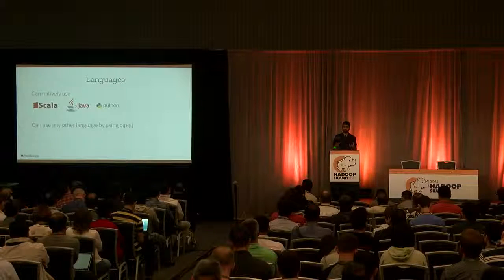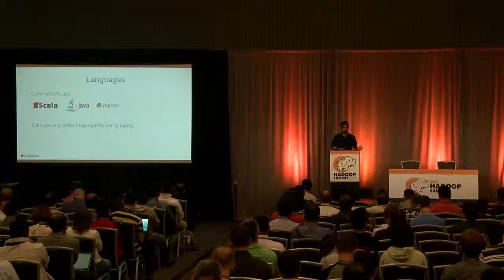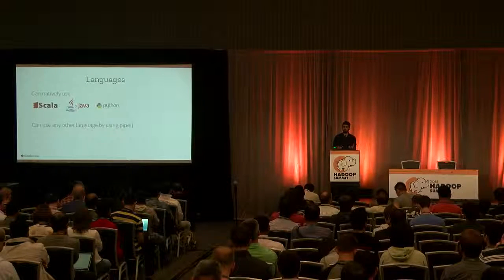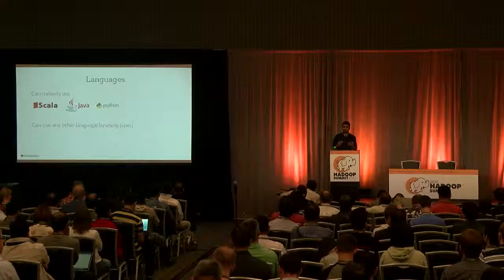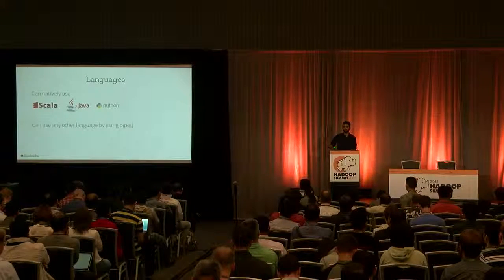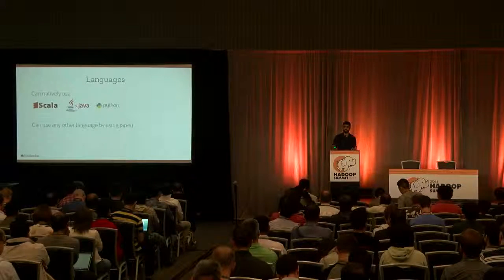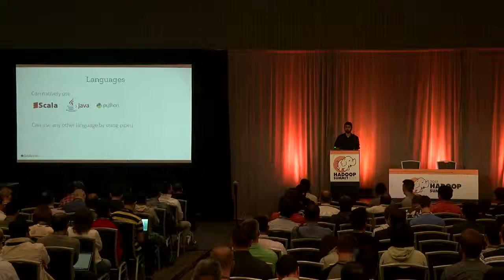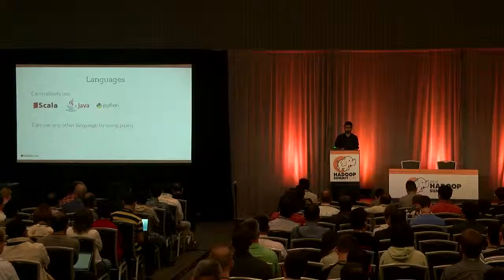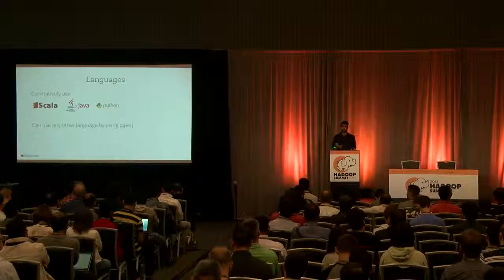If you have some complex business logic that you have written in some other language like Ruby, you can always use the pipe functionality in Spark to shell out the data to a program outside, in whatever language, and process the data in real time using any other language. So all languages are effectively supported in this way.